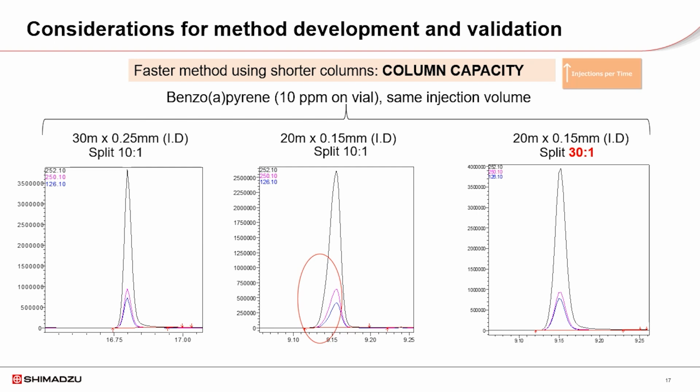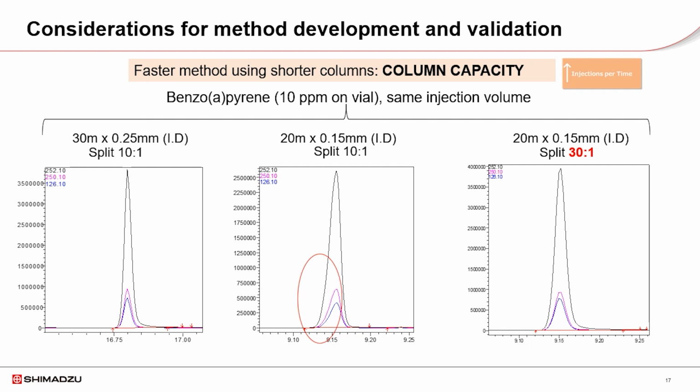So to get comparable chromatography using a narrow bore column and a conventional column, sometimes we need to reduce the injection volume into the column. It means that the instrument needs higher sensitivity than a conventional instrument.